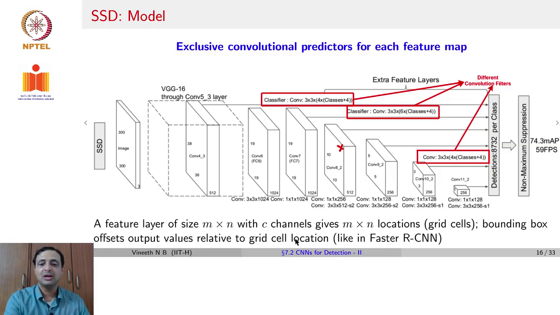You see here that each of these convolutional maps predicts classes plus 4. That's the number of values that they would predict: a class probability for each class plus 4 values for the bounding box offset corresponding to each pixel location in these convolutional feature maps.